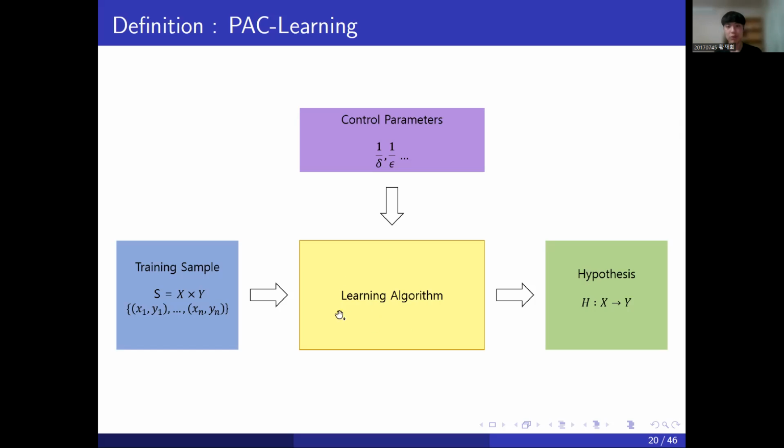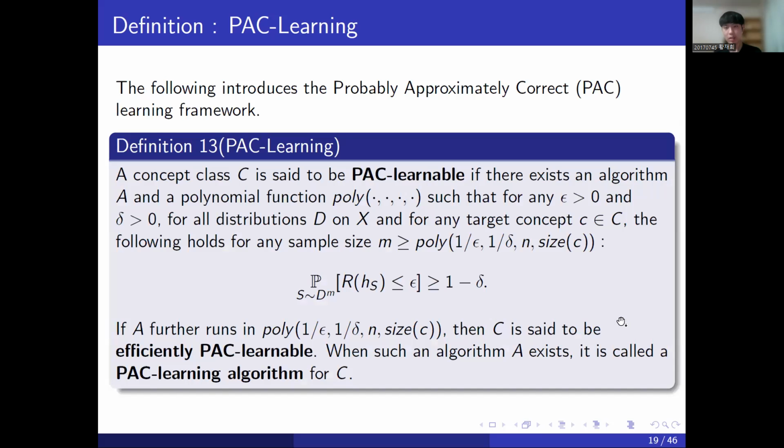Then if this learning algorithm runs, we get a hypothesis, which is a mapping from x to y, and we evaluate whether this hypothesis is quite correct or not. It is evaluated by this term, which is the probability that the generalization error is less than or equal to these terms, and which satisfies these conditions.